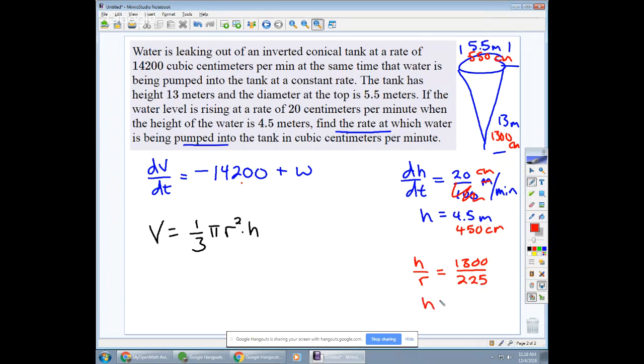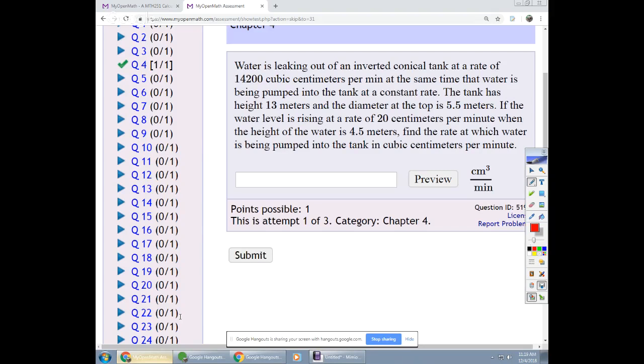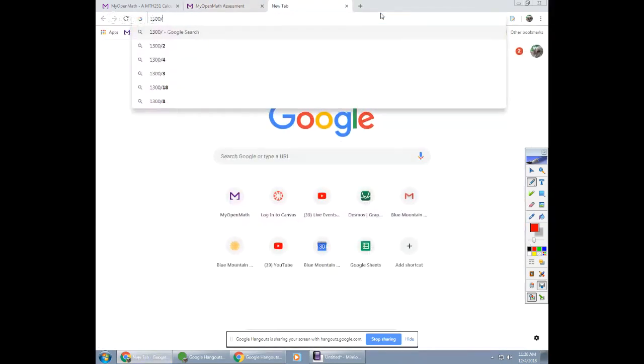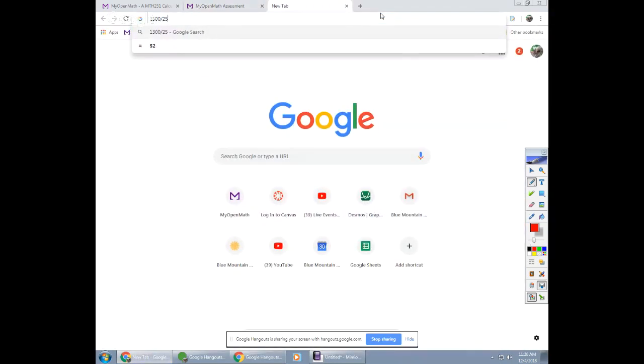So then the height is equal to 1,300 over 225 times the radius. Where'd you get 225? Half of the diameter. Gotcha. And I'm sure that reduces quite a bit. Let's see, what's 1,300 divided by 25? 52.